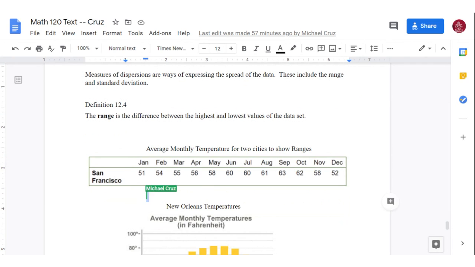So I've got two sets of data here. One for San Francisco temperatures.